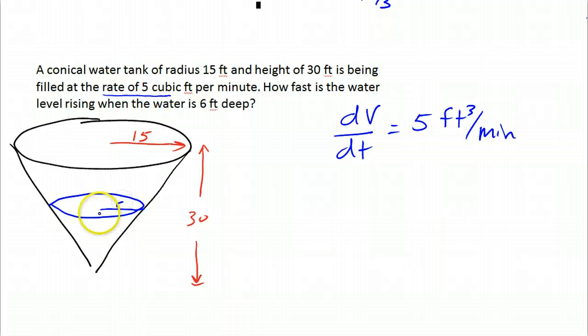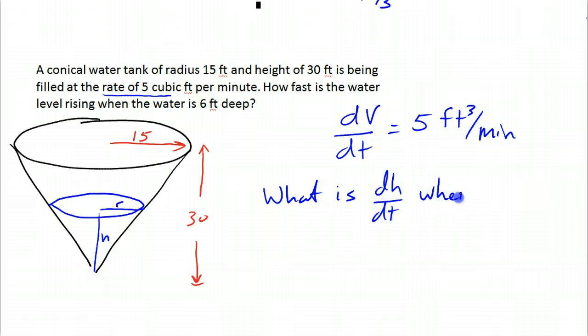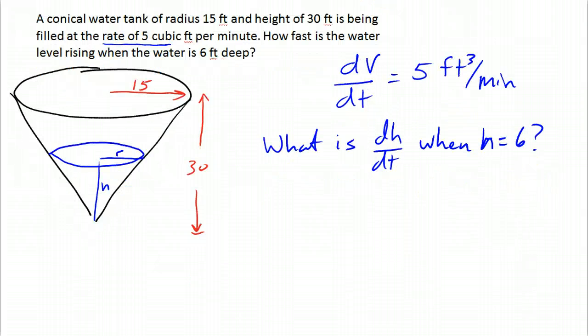So if I call this r and I call this h, the question is, what is dh/dt when h equals 6?